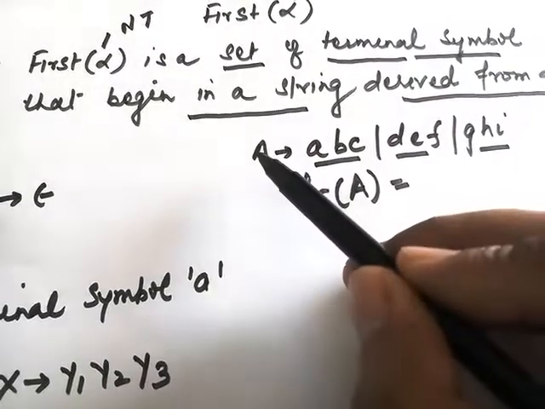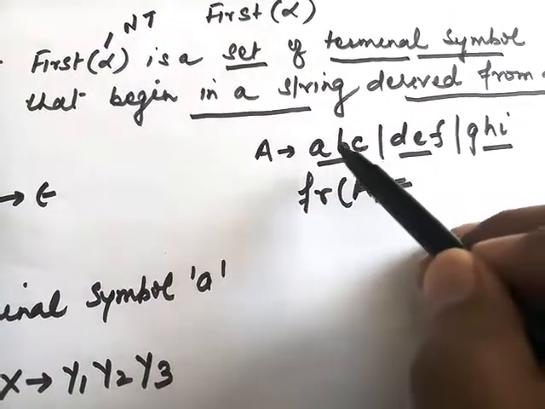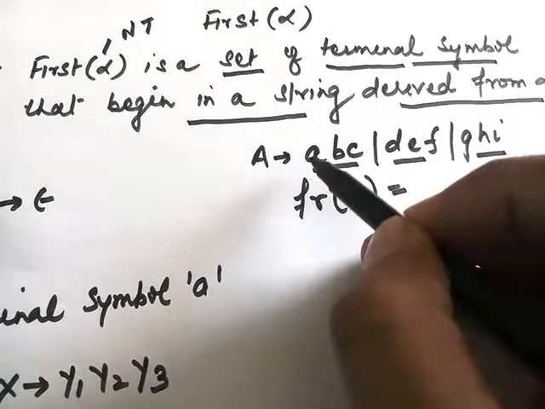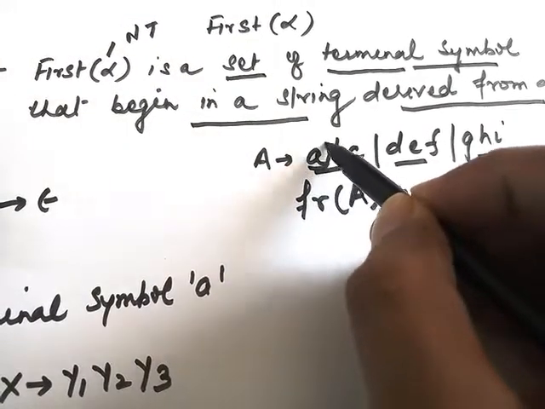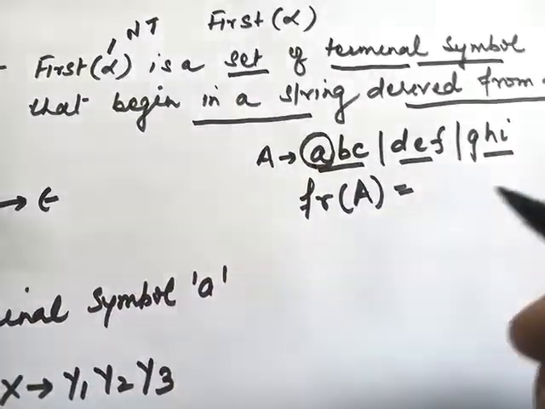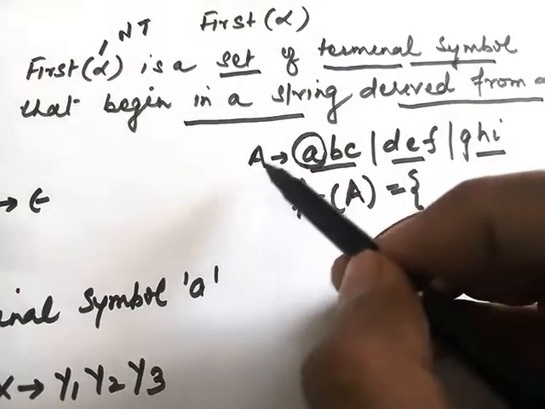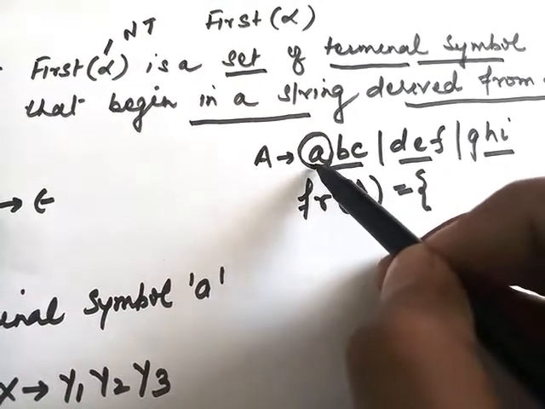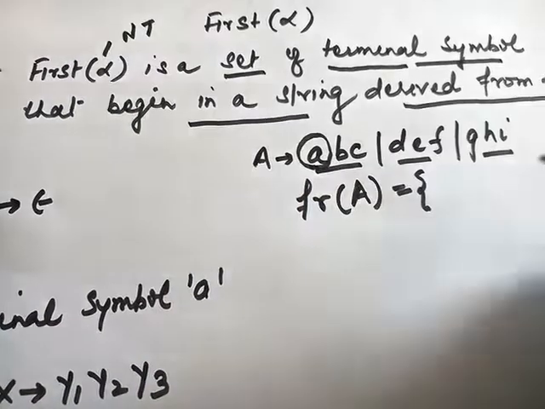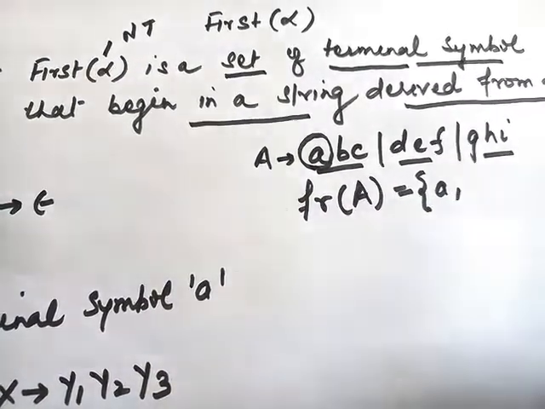And what it says is that A generates ABC. What is the first symbol of this production? That is a. So you can say the first of A in this production is this terminal symbol a. So we will write it over here.